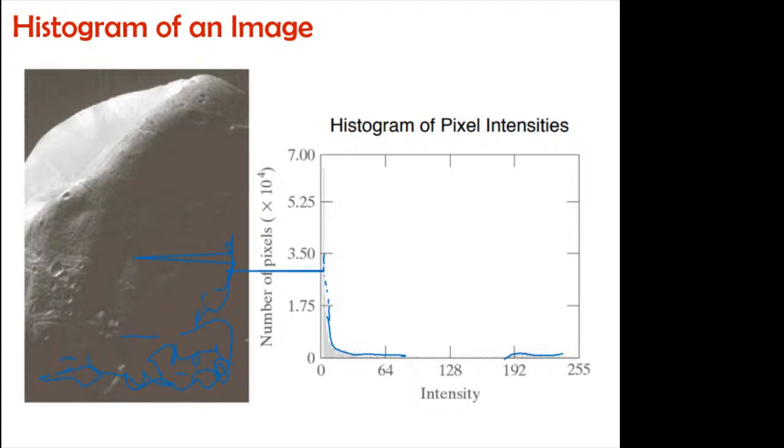So therefore, the number of pixels having black level is very high in this image. And due to that, the probability of occurrence of the zero intensity level is very high.